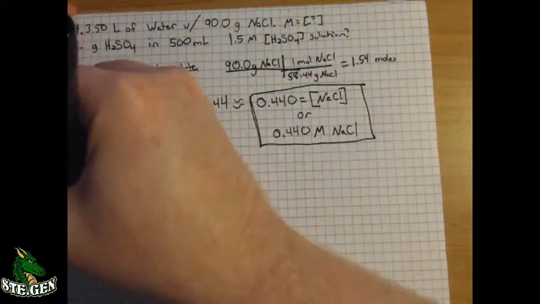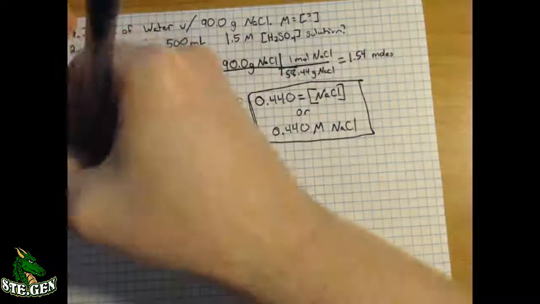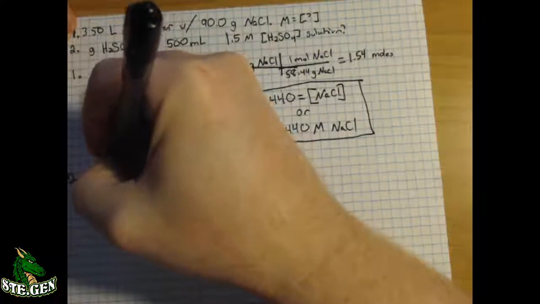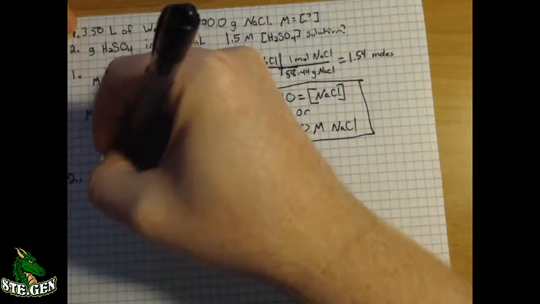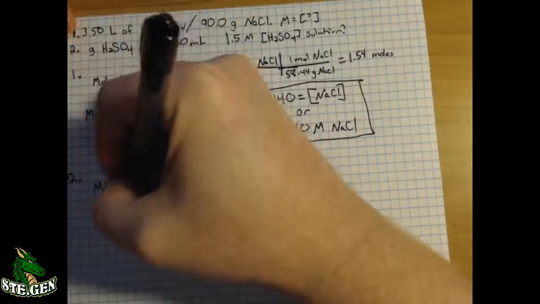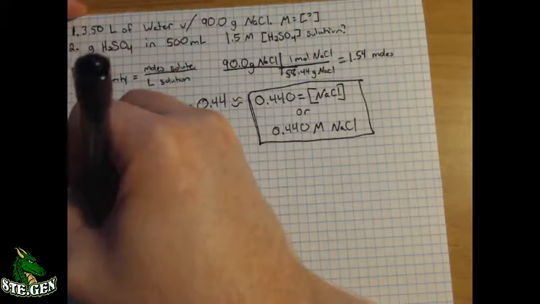So for number 2, this time we still know that molarity equals moles of solute over liters of solution. If you like, you could in theory do one of those little pyramid things. Those do actually work for this.